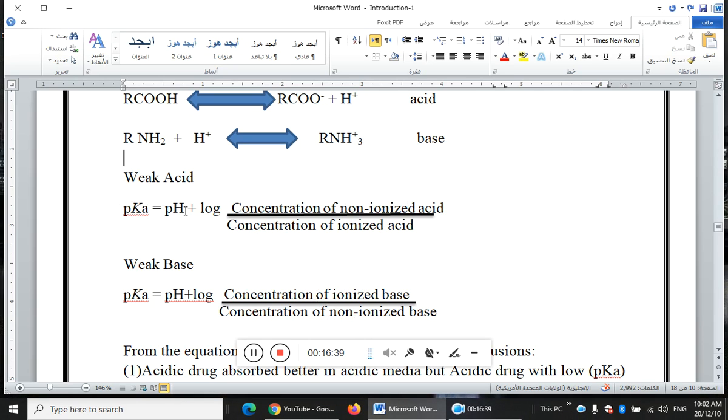So from this equation, when pH increases, the ionized part in the weak acid will increase, and this is important to the absorption of acidic drugs, while in a weak base, when the pH increases, the ionized part will decrease, and this is an important thing in the absorption of the drug.